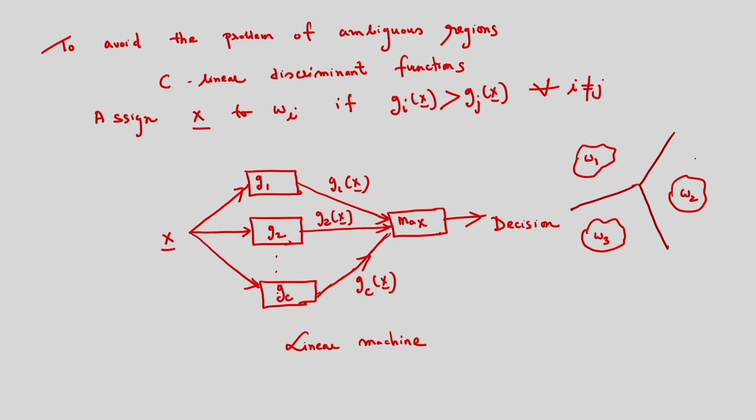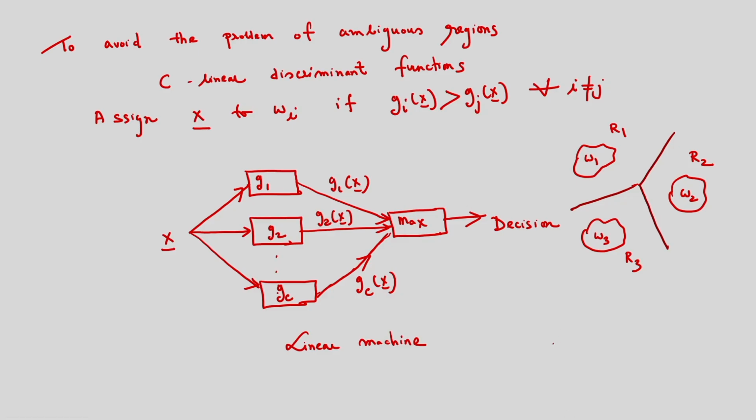So this region is R2, this region is R1, and this region is R3. So you can see the decision boundary produced by the linear machine for a 3-class problem. This is the decision boundary I can have corresponding to the linear machine.